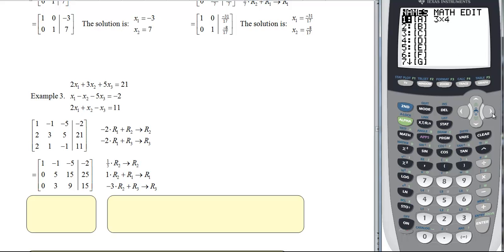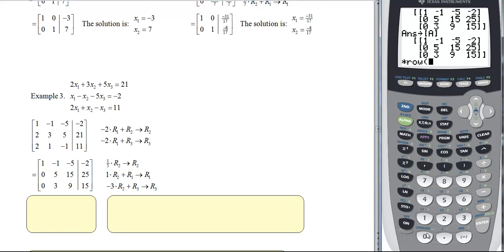Second. So first thing, make that position a 1. We only can do that by multiplying. So 1 divided by 5. And we're playing with row 2. There's my 1. Store it.